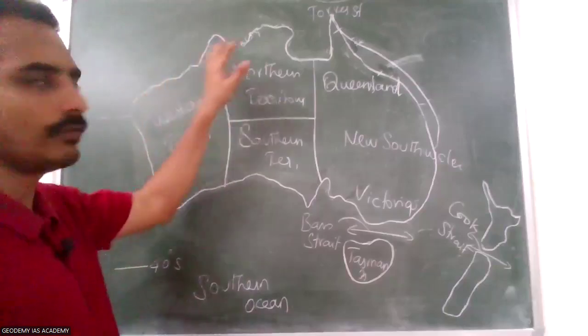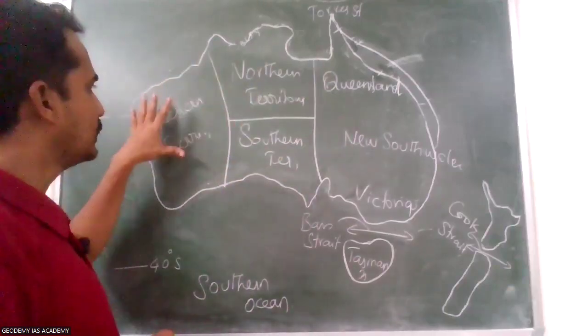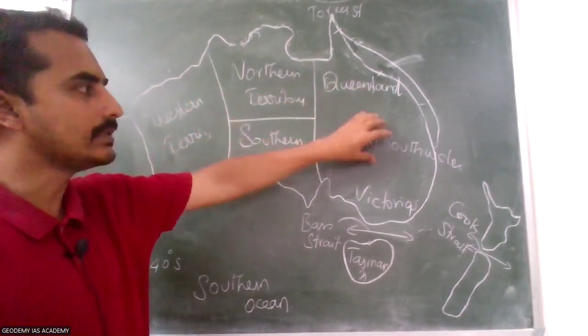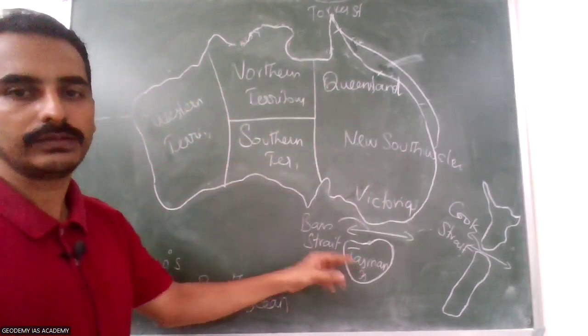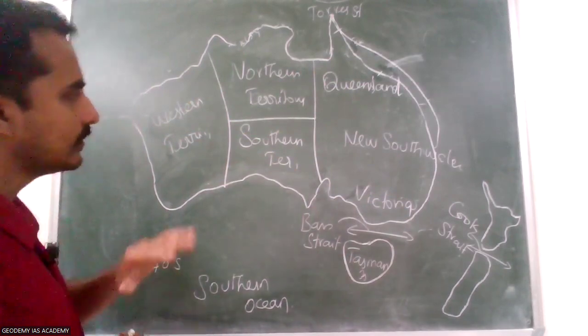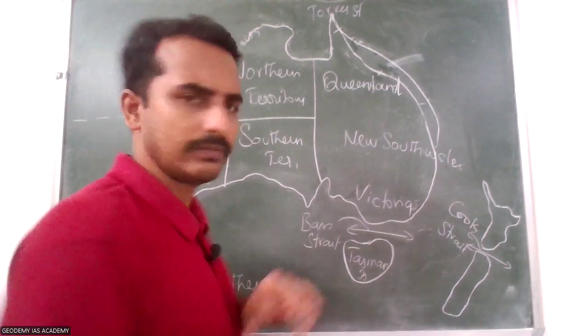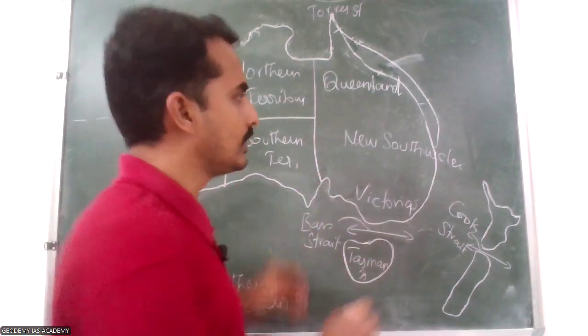So these are the provinces in Australia: Western Australia, Northern Territory, South Australia, Queensland, New South Wales, Victoria, Tasmania.